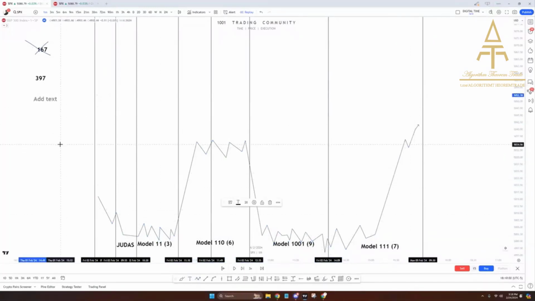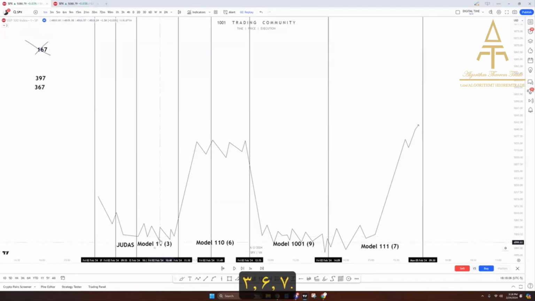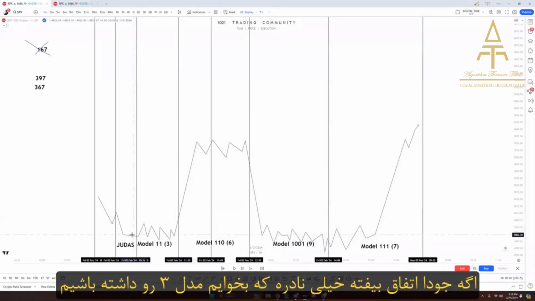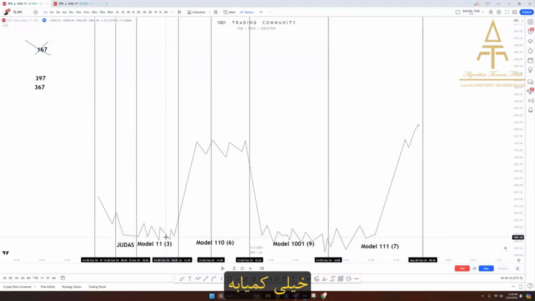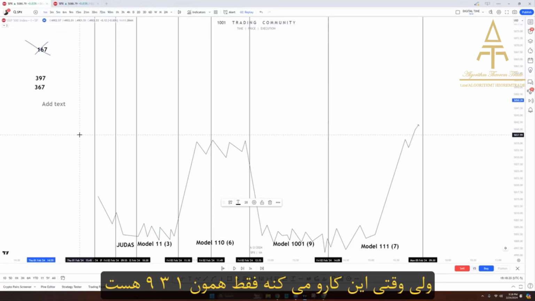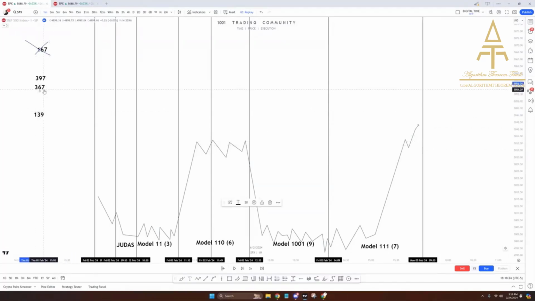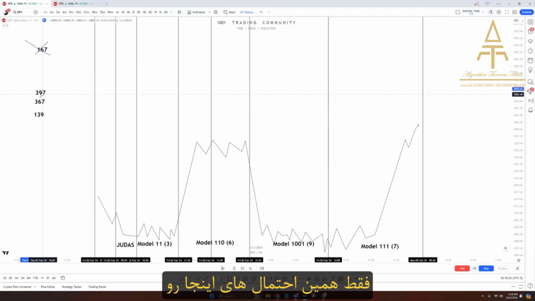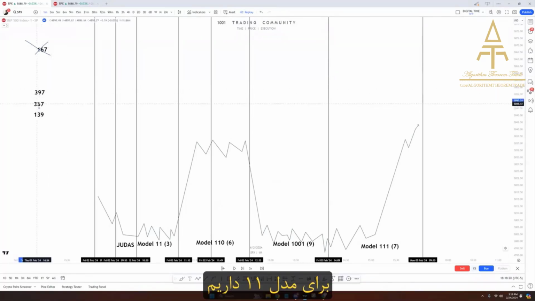What is that? 3, 6, 7. If Judas occurs, very rarely do you get 3. Very, very rare. But when it does, it'll just be 1, 3, 9. Only these possibilities right here for Model 11.